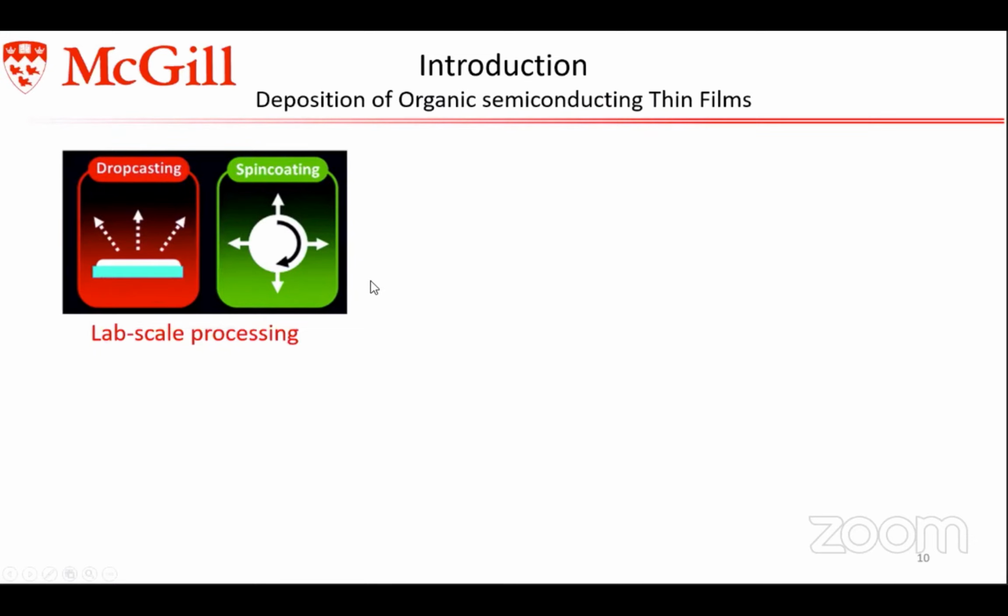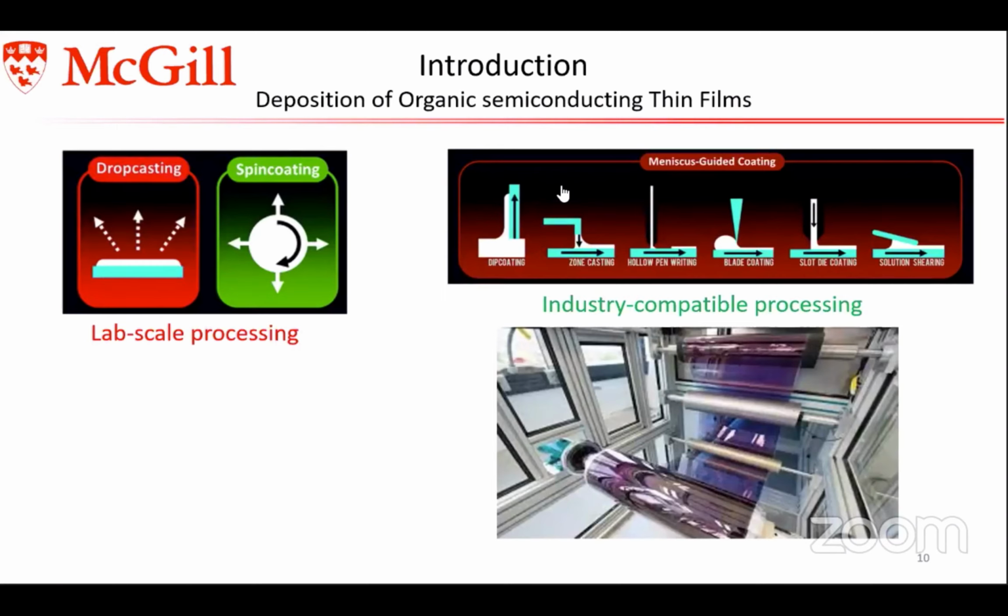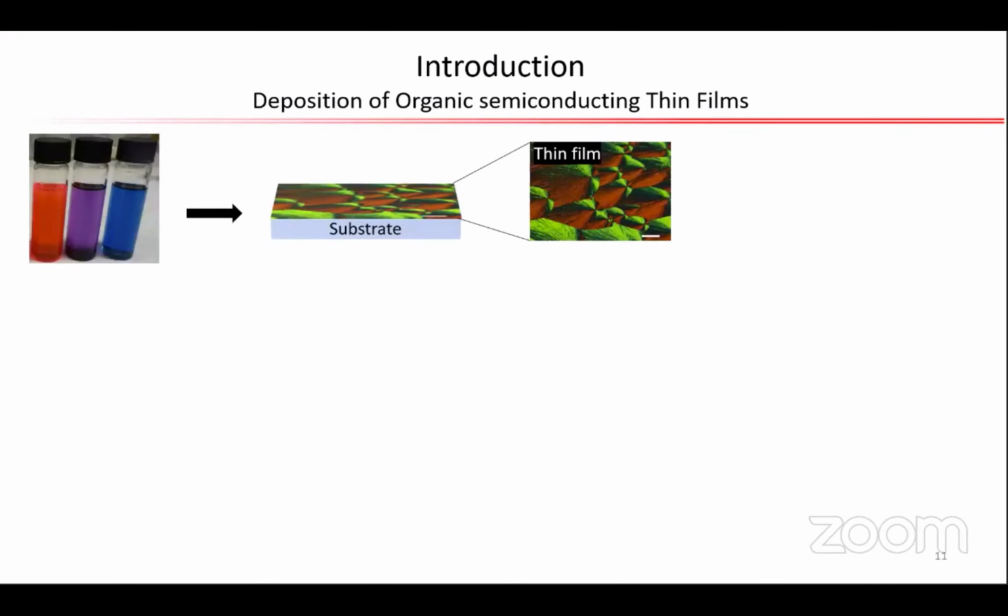But as these are not compatible with roll-to-roll printing methods, new coating techniques, called meniscus-guided or other printing techniques, have been developed over the years to print or coat these materials so that printing at industrial scale is compatible with the research scale efforts.